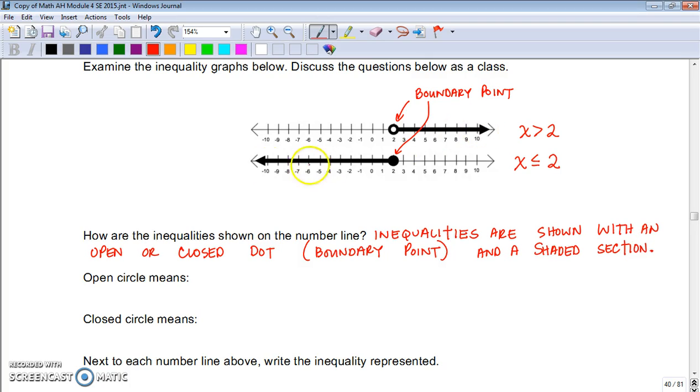You'll notice there's an arrow at the end of those shaded sections to show that they go on all the way out either to the right or to the left.